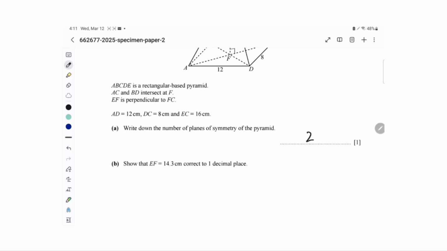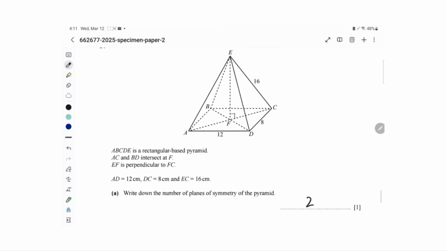Alright, so we are looking at EF, which is the height of the pyramid. Here 12 and 8 are the base. Before we go to find the height, we are going to take the base, the rectangular base, and find the length of the diagonal.